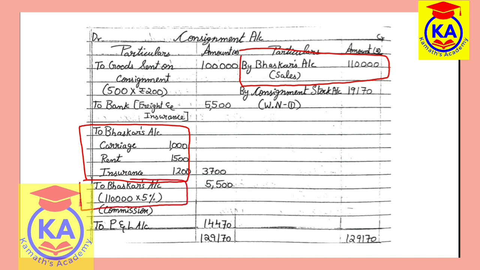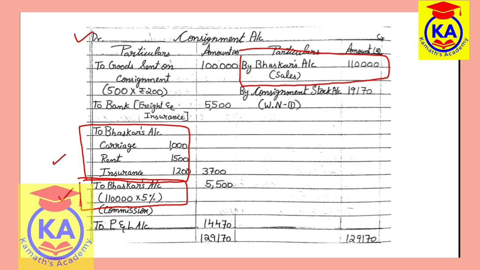Even for commission also you can see here. In the previous question you combined commission and consignee's expenses, so you can see only one value there. Here we have separated commission and consignee's expenses, so we are going to see two values in the debit side of the consignment account.